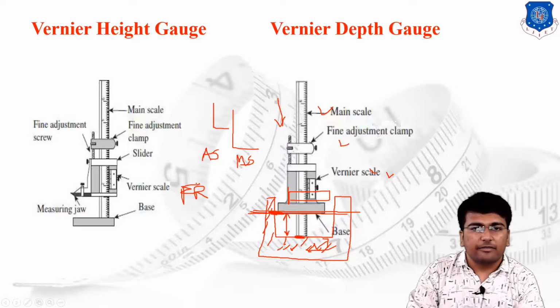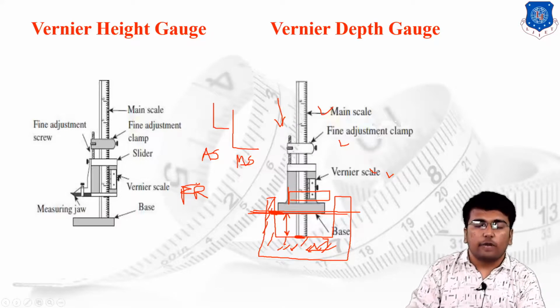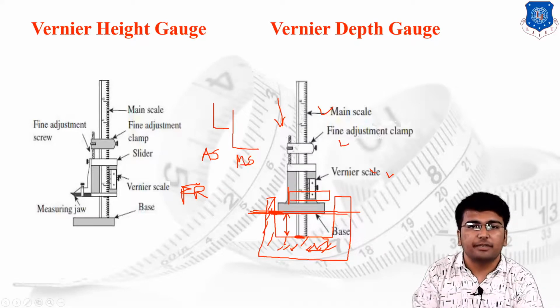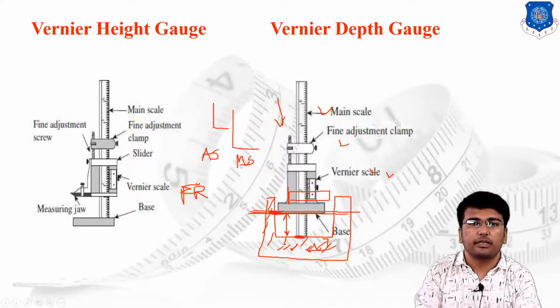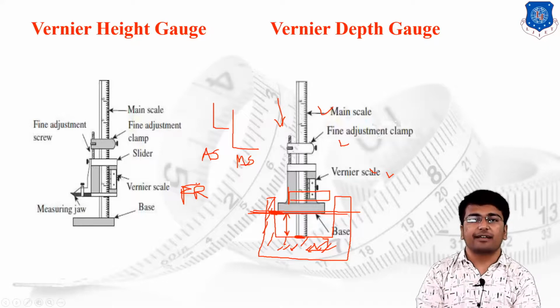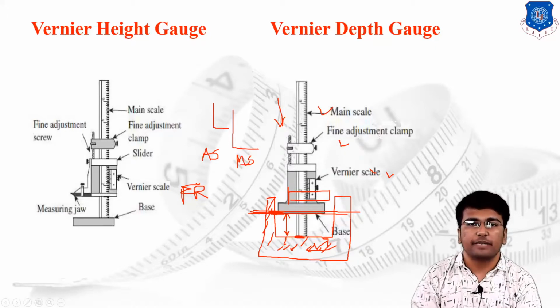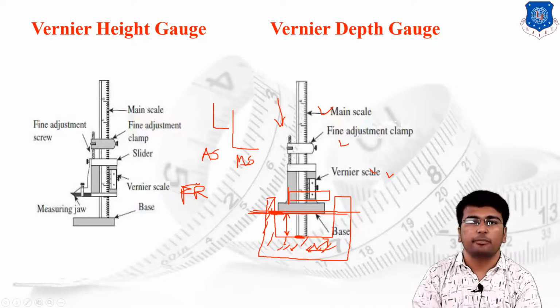I am repeating that whatever instrument you are going to use, if it follows the vernier principle, then the measurement is the same. We are just changing the constructional details of the instrument for our convenience. Other than that, all the working principles are exactly the same as the vernier caliper, because all the instruments follow the same vernier principle of measurement.